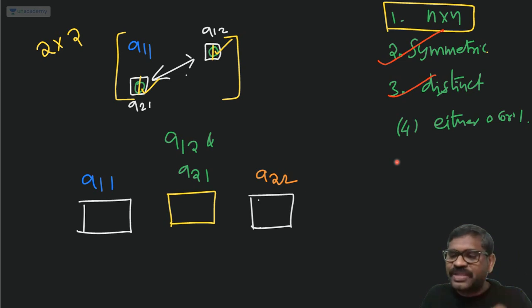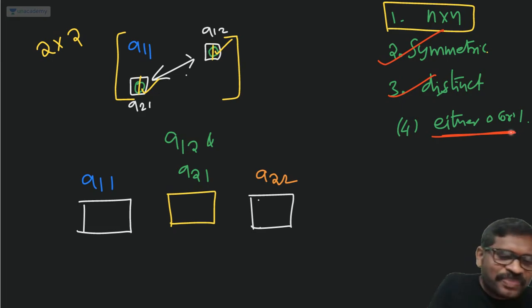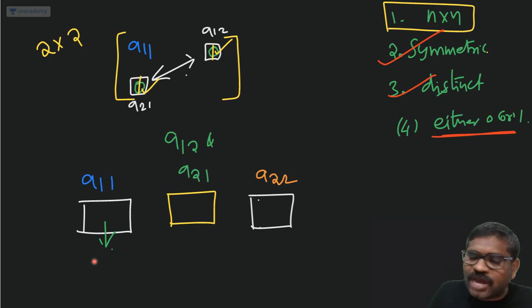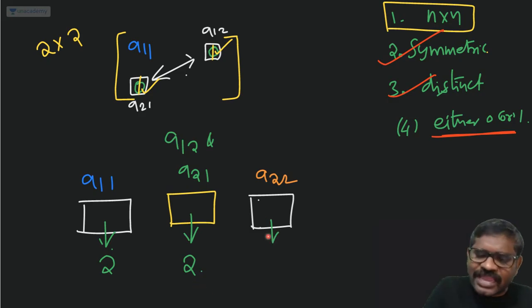Now, entries either 0 or 1 I have to fill. So this blank I can fill either with 0 or with 1. So 2 possibilities. Either 0 or 1, 2 possibilities. Either 0 or 1, 2 possibilities.